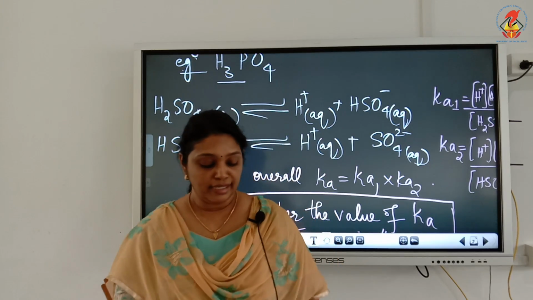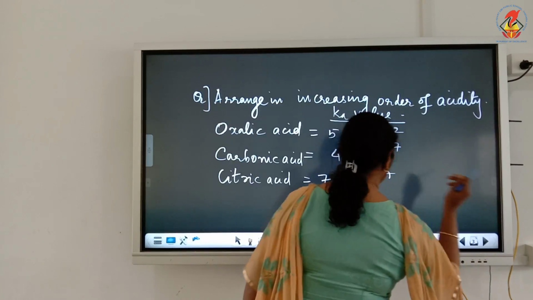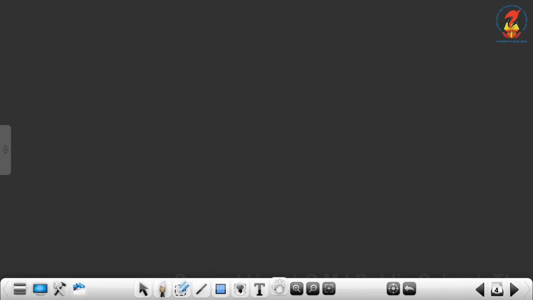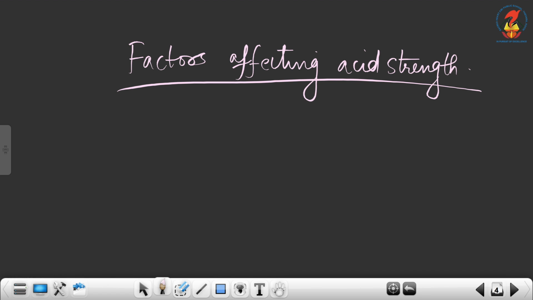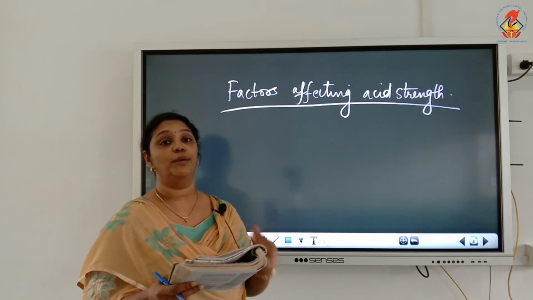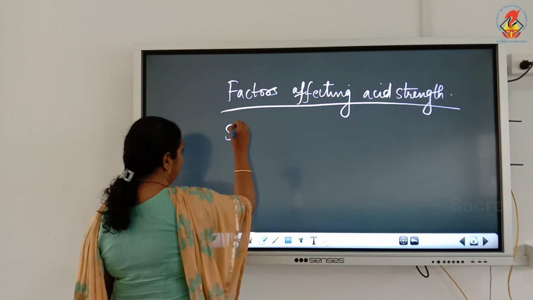Now, next let's see the factors affecting acid strength. The two main factors that affect the strength of an acid are the strength and polarity of the HA bond.